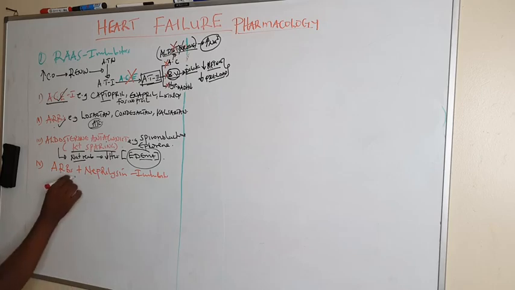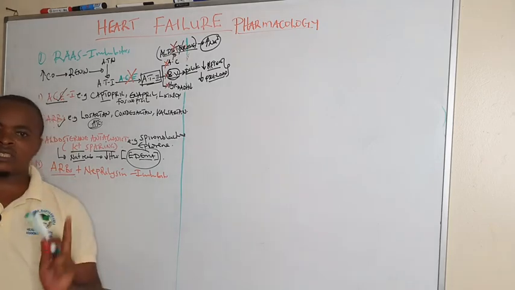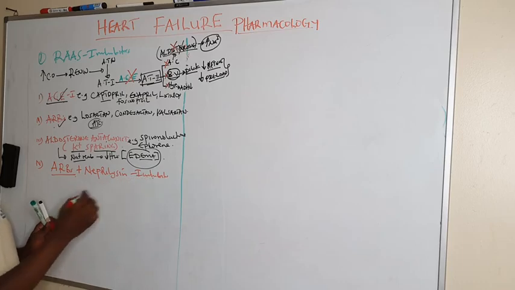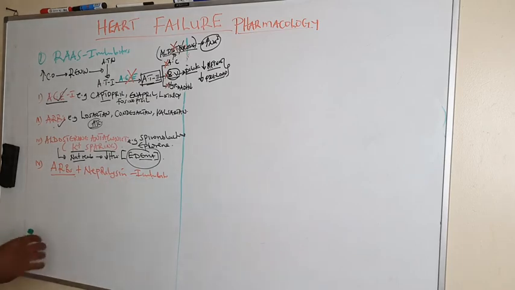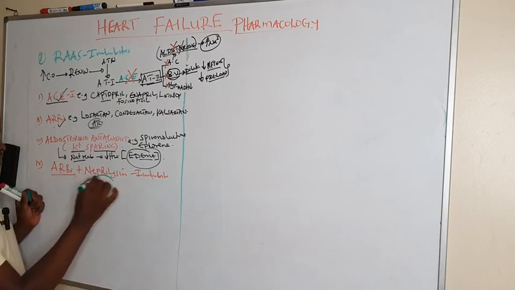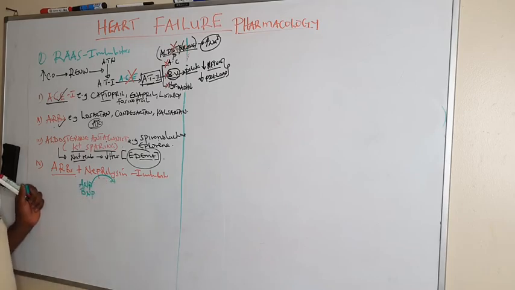So this is another combination whereby you give an angiotensin receptor blocker together with a neprilysin inhibitor. Neprilysin is used to degrade atrial natriuretic peptide. It can degrade BNP into its inactive metabolite.